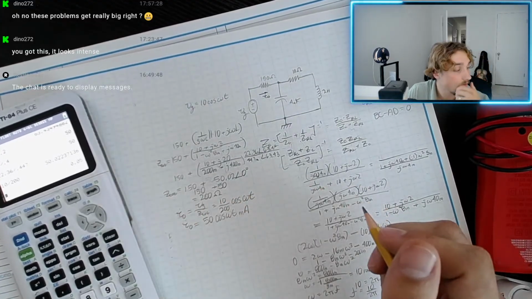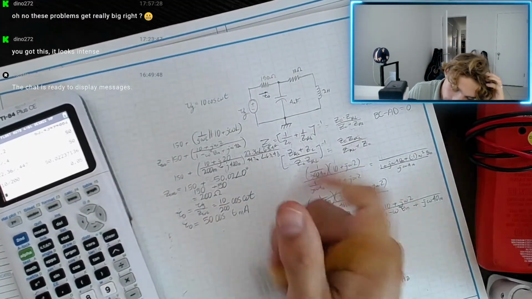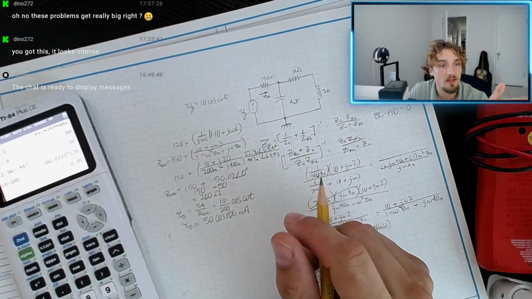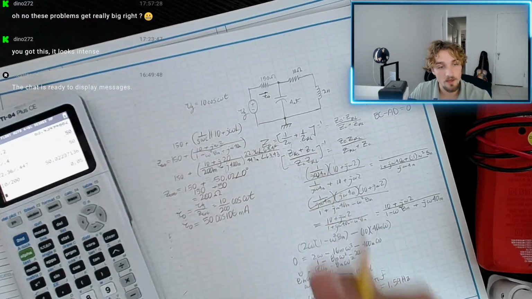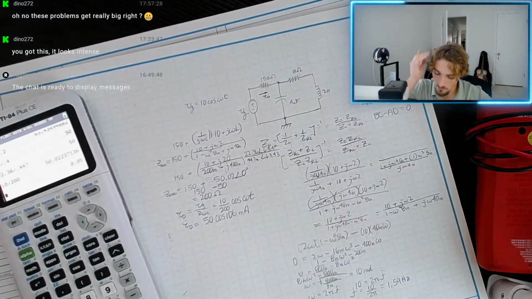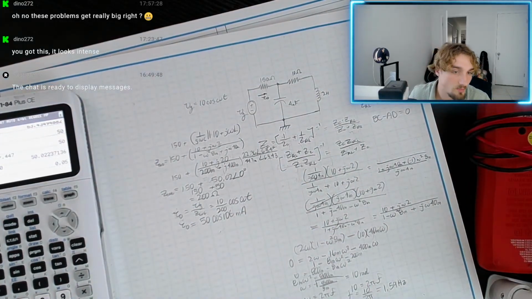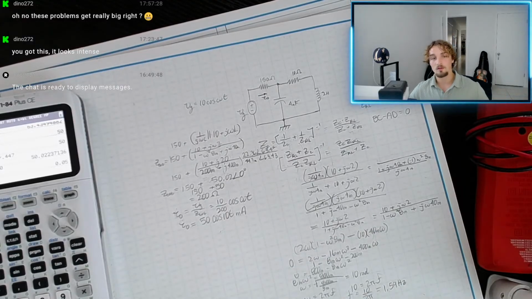I out. Oh, we know omega. It's 10. My bad. I can't forget stuff like that. But that's it. There you go, ladies and gentlemen. I out equals 50 cosine 10t milliamps. Okay, that's your unit. Milliamps, that's a unit of current.